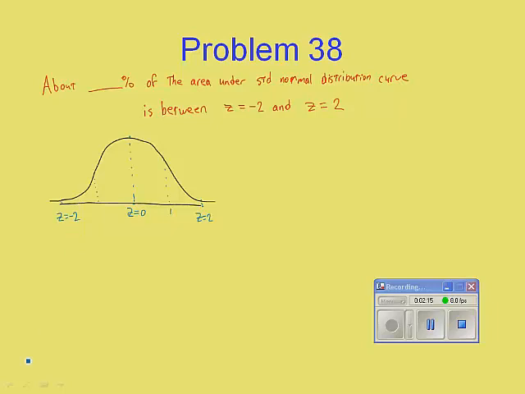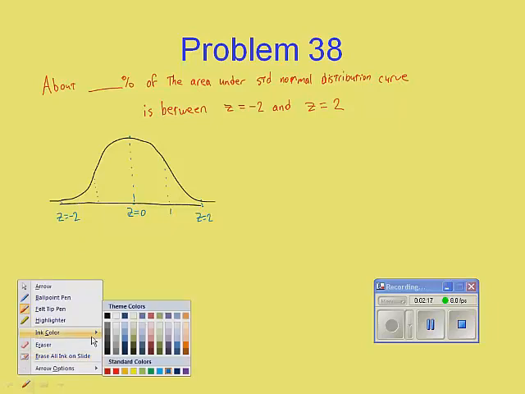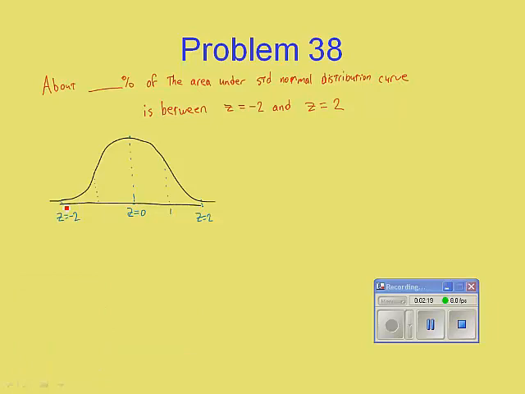And so the area I'm looking for is here. Okay? So I want to compute that area.